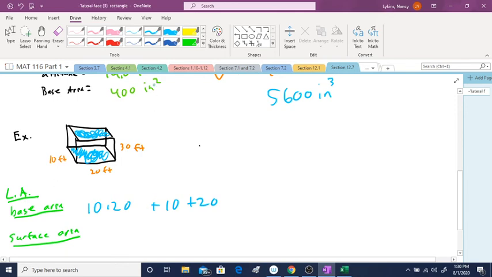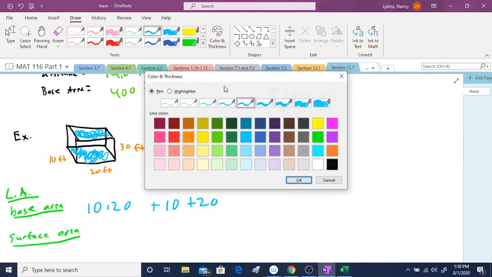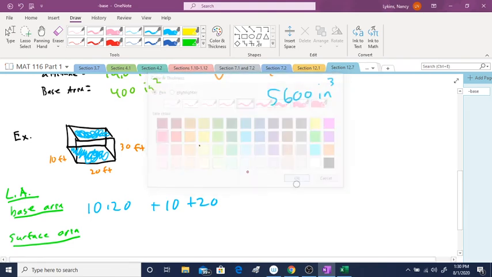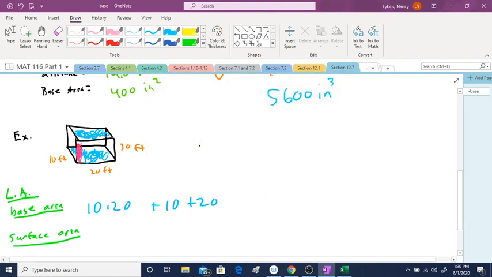Okay, now the lateral area are the sides. So for instance, this right here, I'll do this one at a time, that I'm coloring in pink. That dimension is 20 times 30.